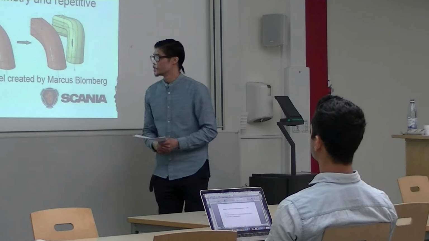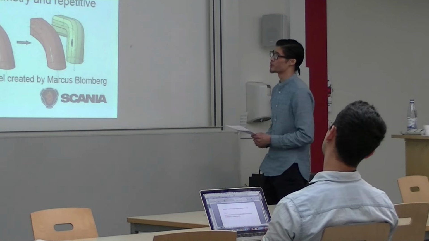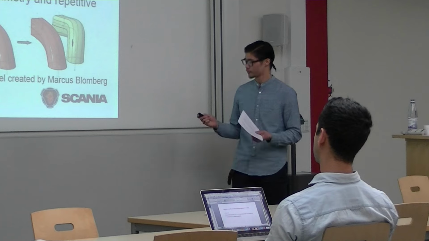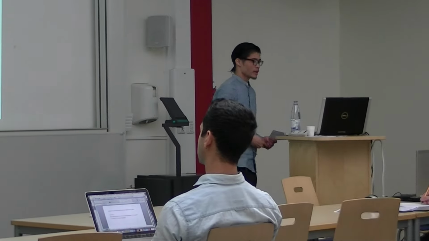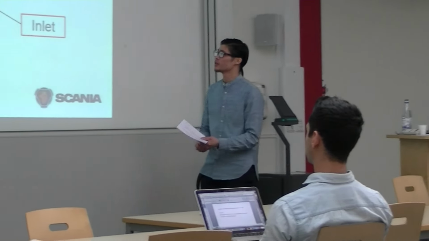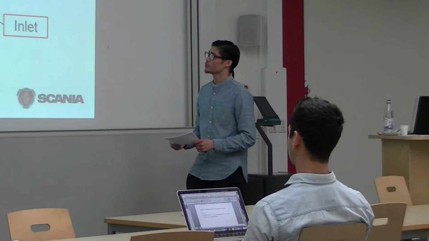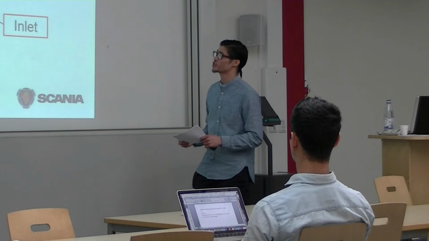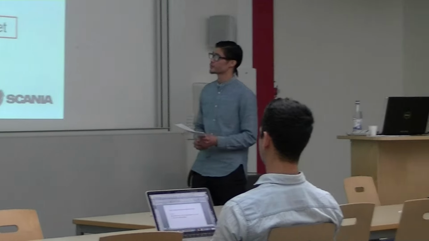Now this model was created by Marcus Bloomberg, and it was supposed to represent the intake ports to the combustion chamber of an engine. And in order to promote standardization, structure, and reusability, it's important to follow the division of the subgeometries, which I hope that you remember from the pre-CAD phase.